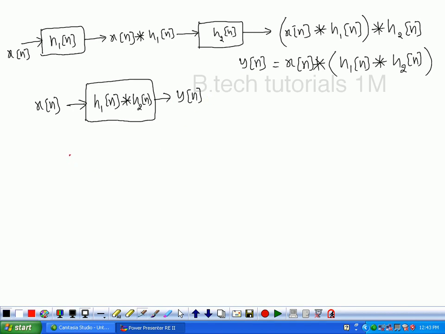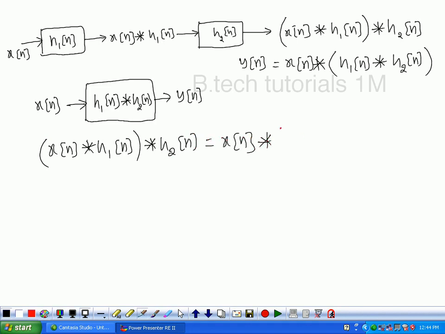That is, here we can write this x of n convolution with h1 of n, and this is convolved with h2 of n, can be equated to x of n convolution with h1 of n convolution with h2 of n.